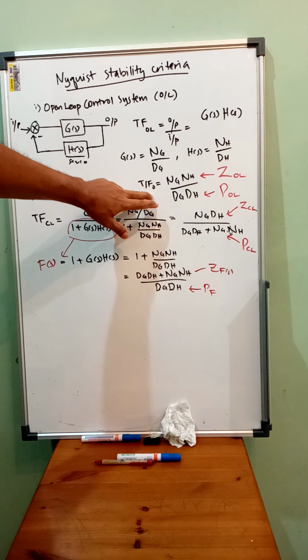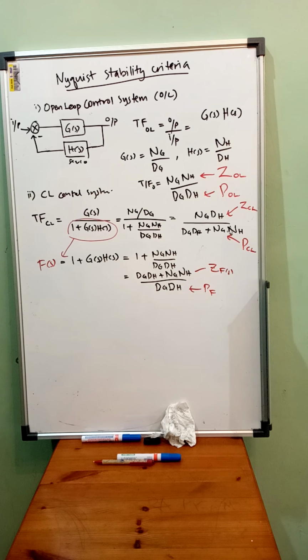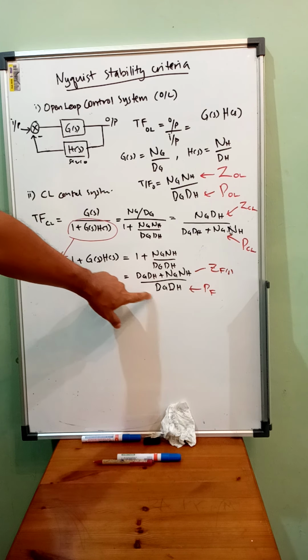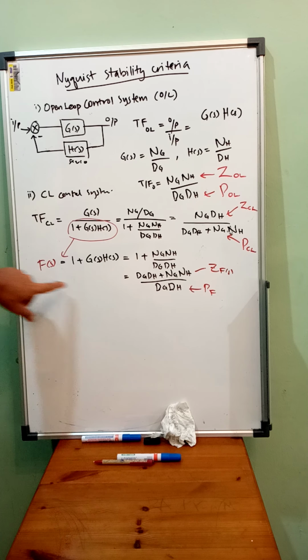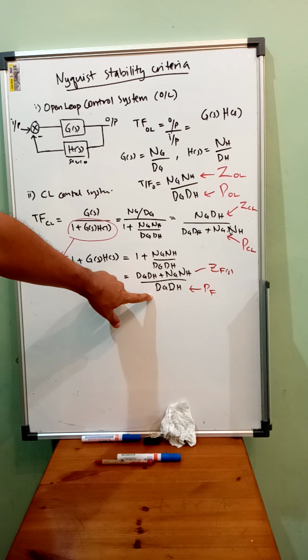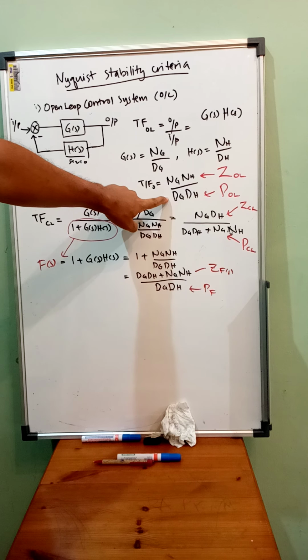From these three equations, what can we relate? We can see that the pole of F(s) is equal to the pole of the open loop control system.